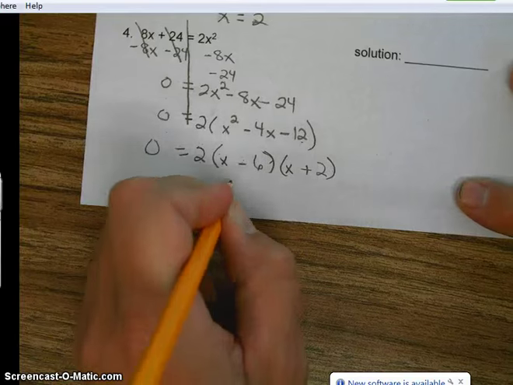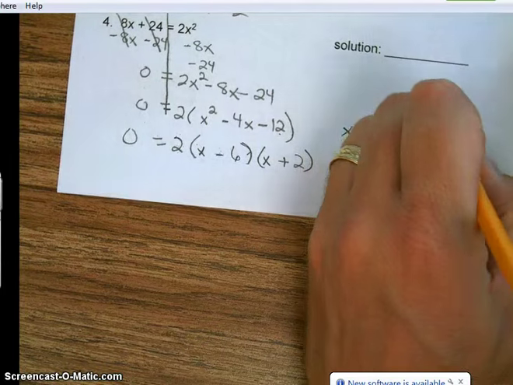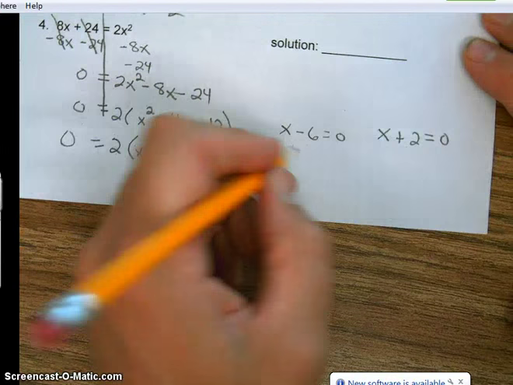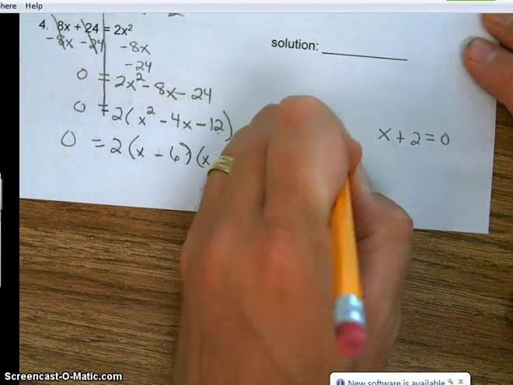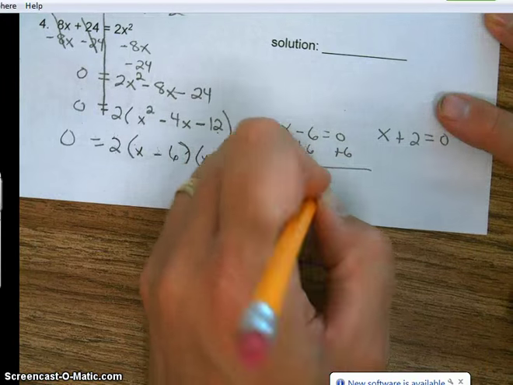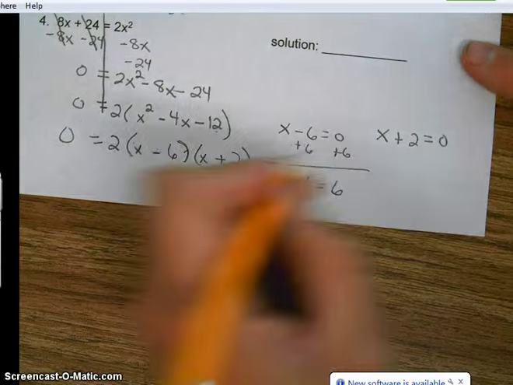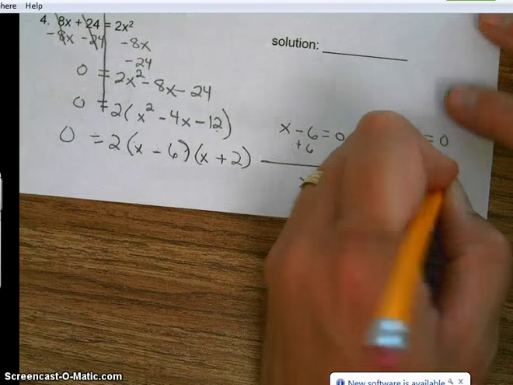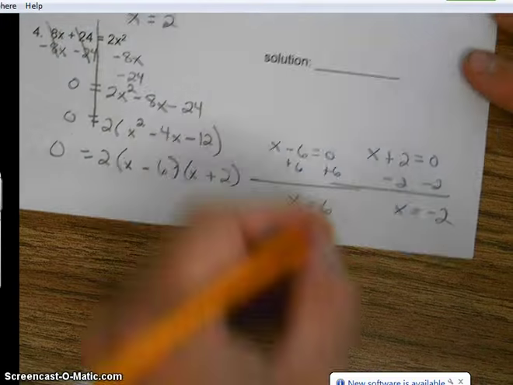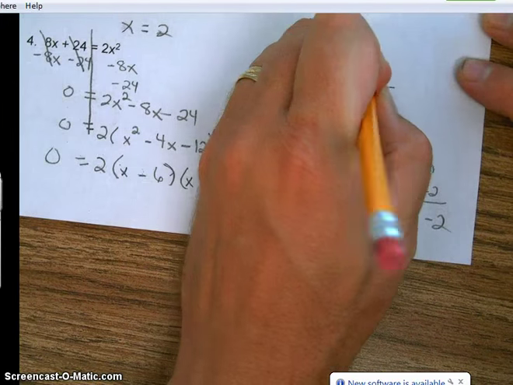So we're going to set x minus 6 to 0, x plus 2 to 0, and solve those using the zero product property. x equals 6. Subtract the 2. x equals negative 2. So those are our solutions.